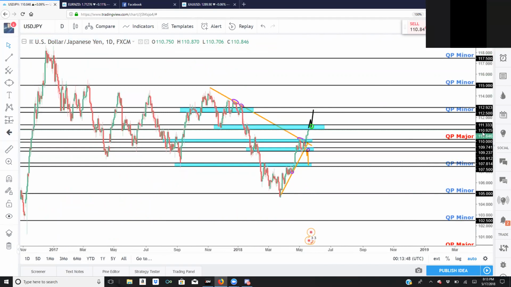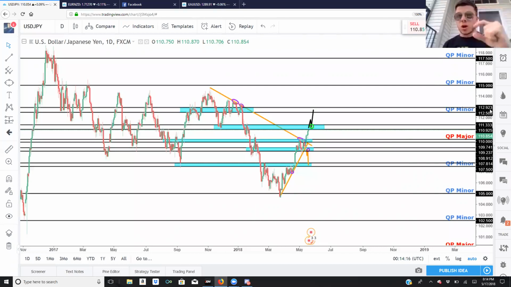So 110, and you're looking at what's 250 pips added to the 110. The key is this: remember, 110 and 120 are your majors, so in between is going to be your 112, your 113, your 115.